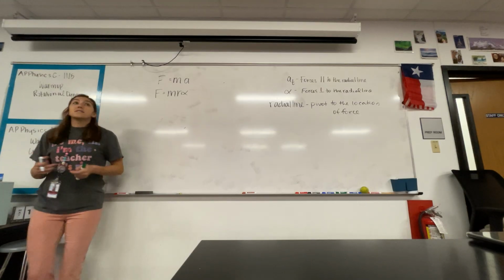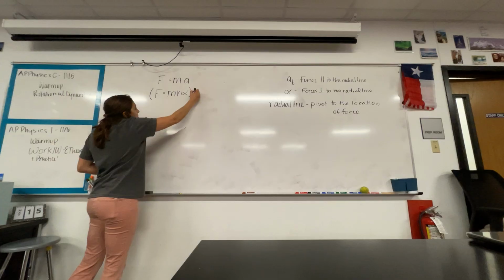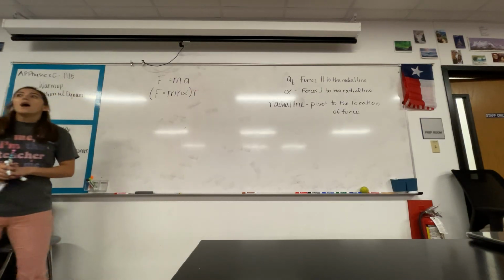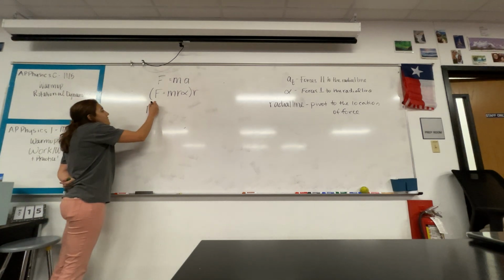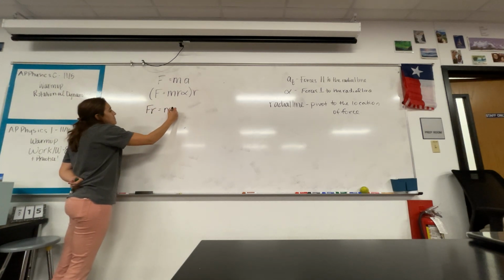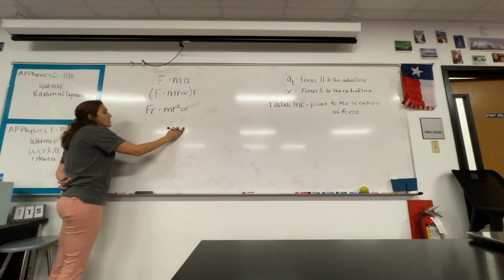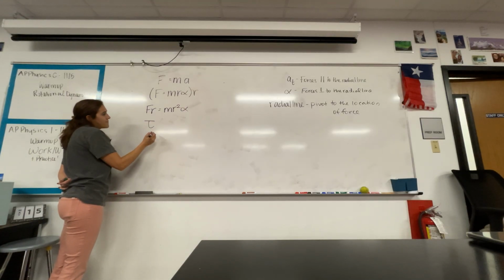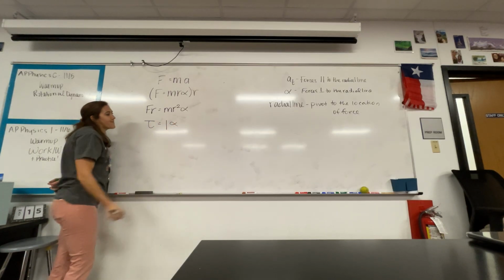To make sure that instead of force causing angular acceleration, it's a torque causing angular acceleration, I'm going to multiply both sides by r. So that makes Fr equal to mr squared alpha. Fr is torque, and mr squared is moment of inertia.